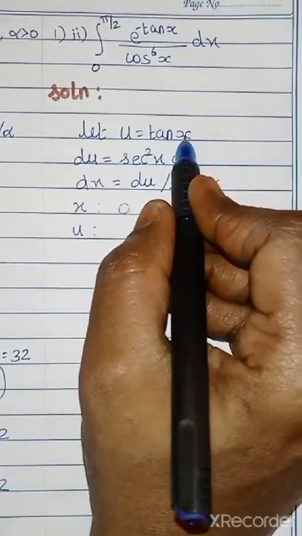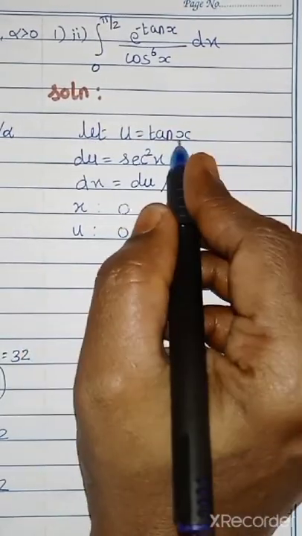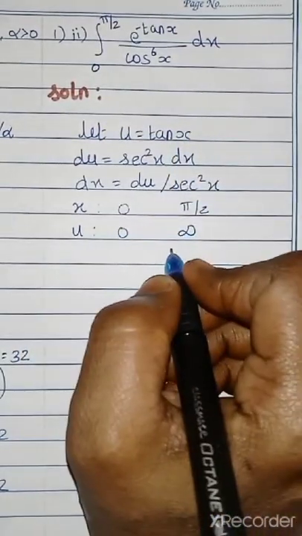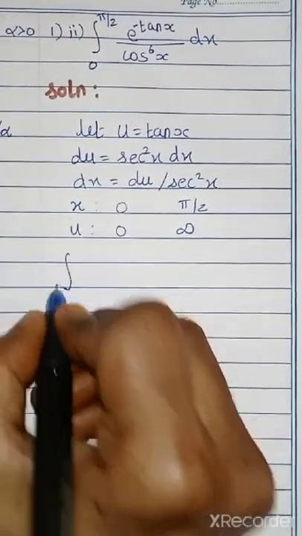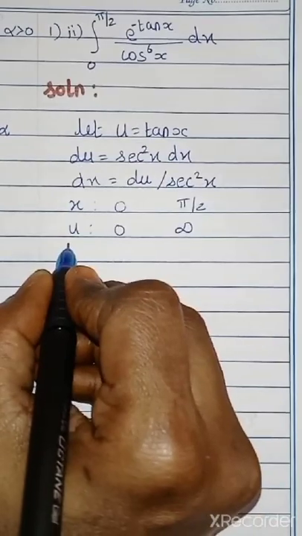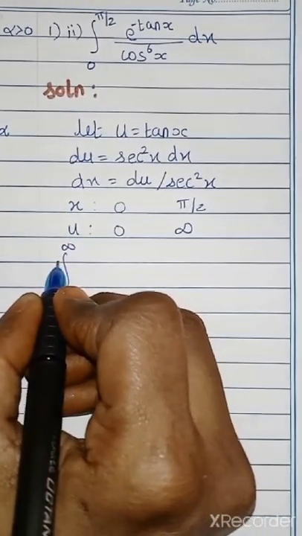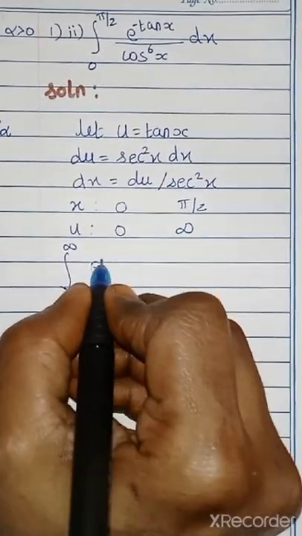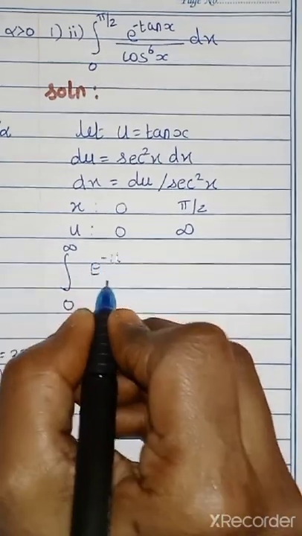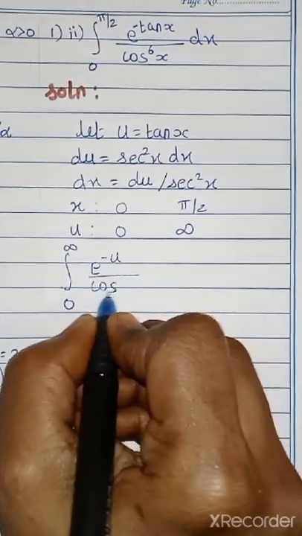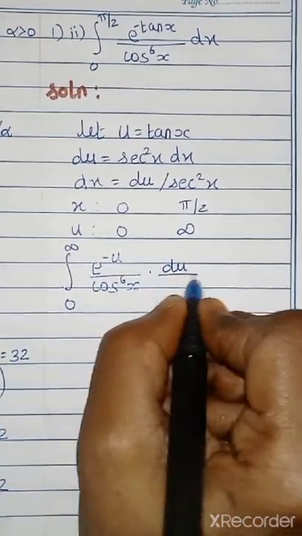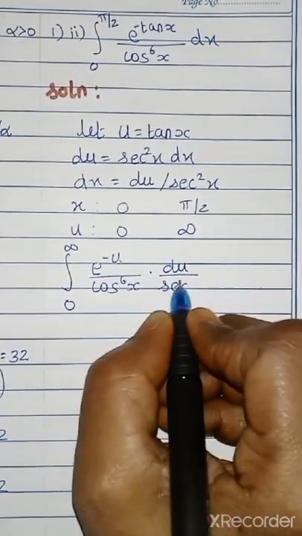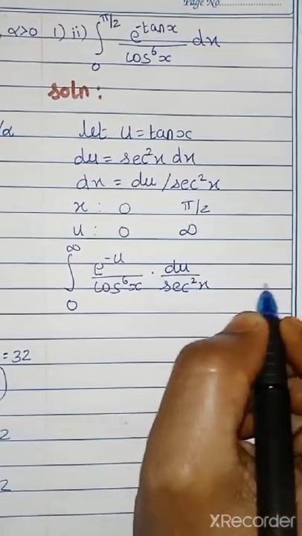So when you substitute 0, tan 0 is 0, tan pi by 2 is infinity. Now the question will change. Integral 0 to infinity e power minus u by cos power 6x into du by secant square x.